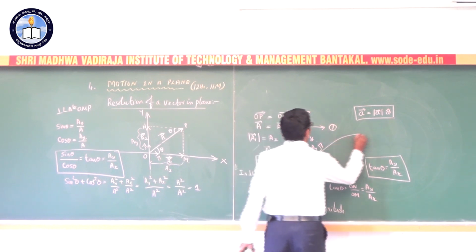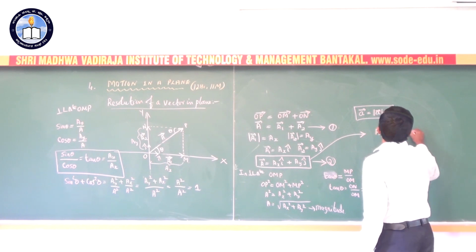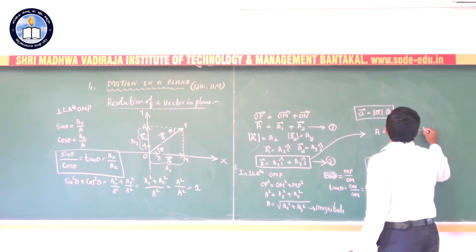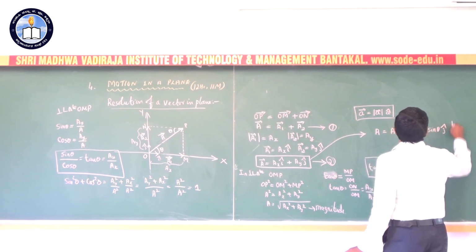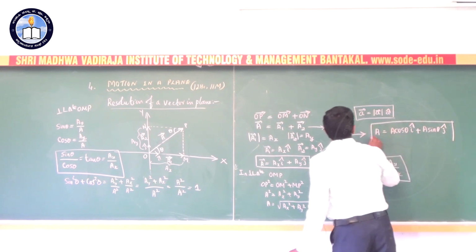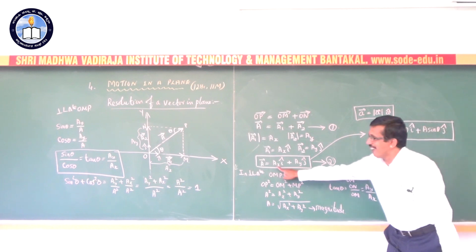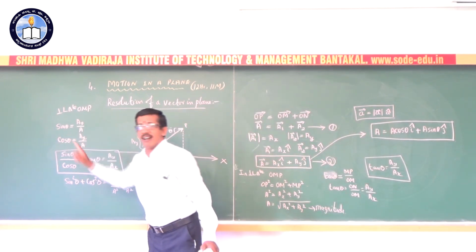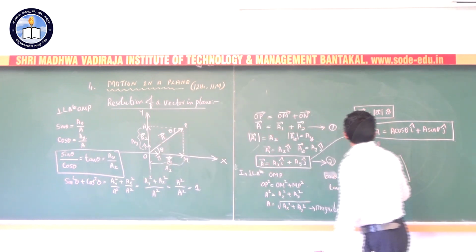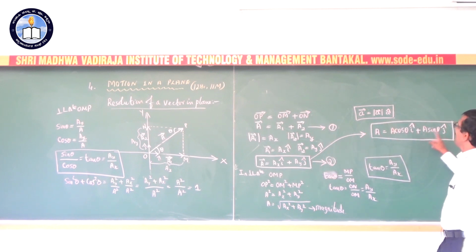This equation can also be rewritten as, just see, A is equal to A cos theta into I cap plus A sin theta into j cap. This is another representation of a 2D vector. Because what is AX? AX is nothing but A cos theta. What is AY? AY is nothing but A sin theta.